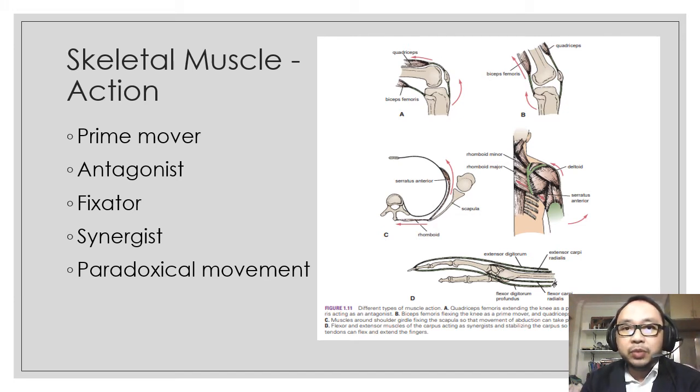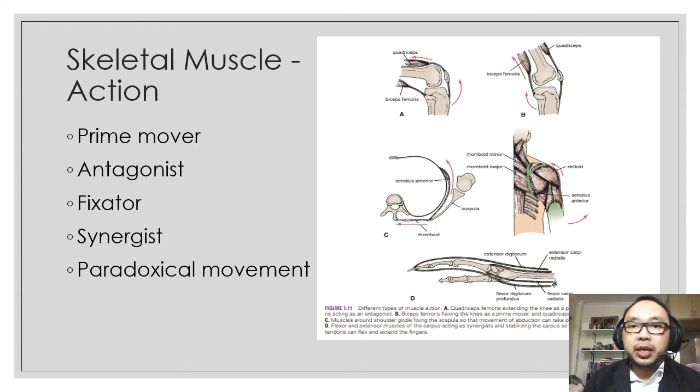For example, when the muscles of the shoulder are contracting, the muscles that attach the shoulder girdle to the trunk, like your pectoralis muscles, act as fixators to allow your deltoid to act on the shoulder.